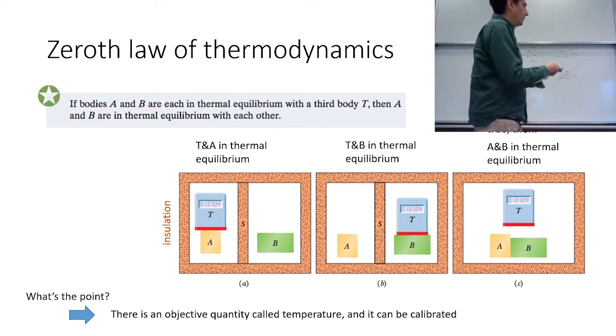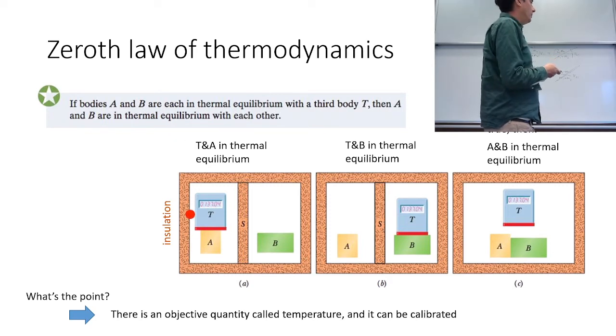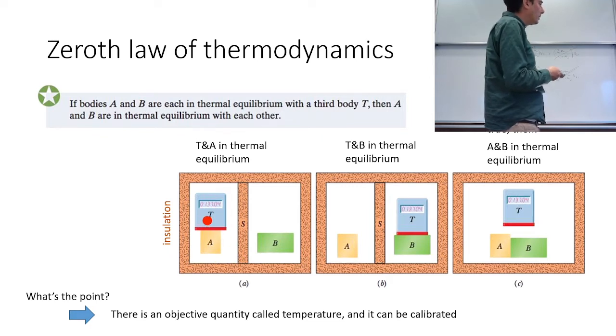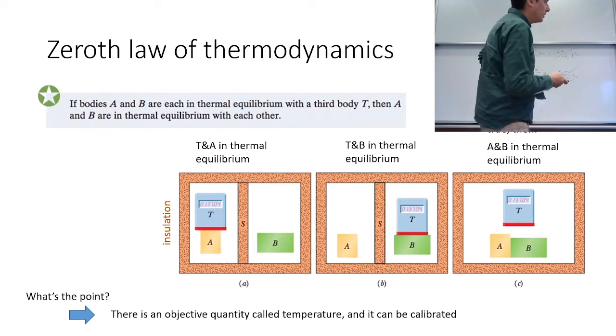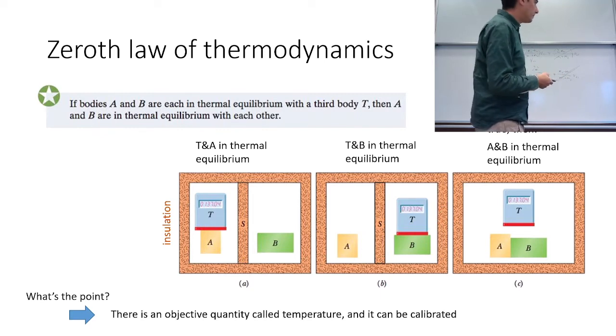Then you bring your thermoscope in and you measure the temperature of the first object, and you find it's 137.04. Then you go and measure the temperature of the second object. You also find it's 137.04.